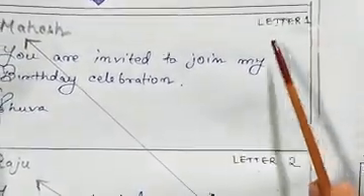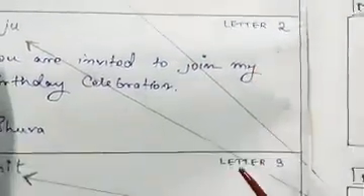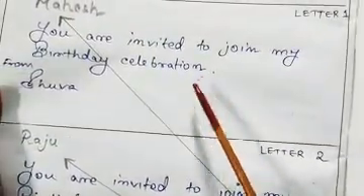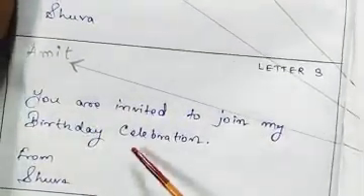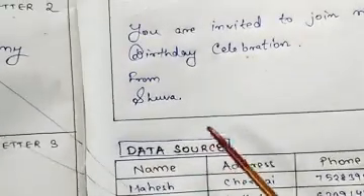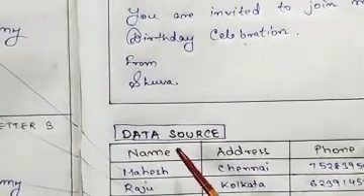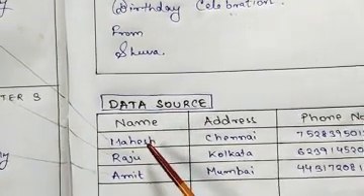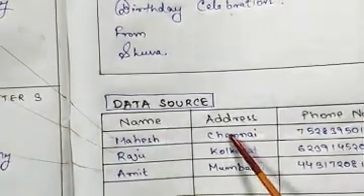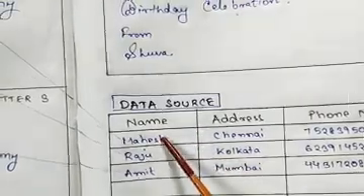See, letter 1, letter 2, letter 3. The same letter has been copied 3 times. The main document is the same. Now, to each copy of the letter, it attaches one entry from the data source. So the first entry will go to the first copy of the main letter.